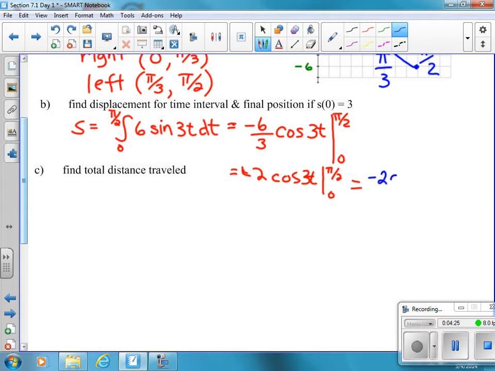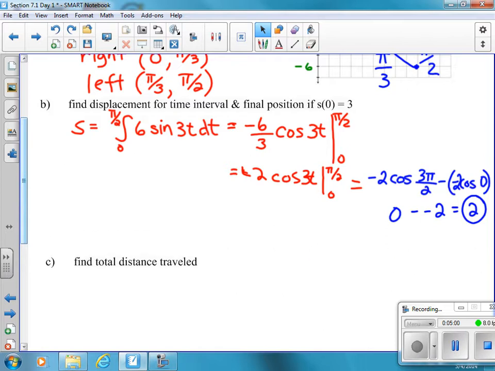So -2 cosine of 3 pi over 2 minus -2 cosine of 0. To evaluate that, we get 0 minus -2, which equals 2, because cosine of 0 is 1 and cosine of 3 pi over 2 is 0. So our displacement is 2.